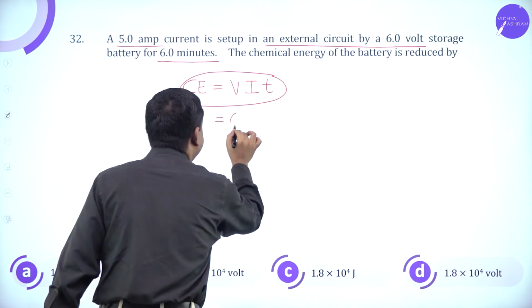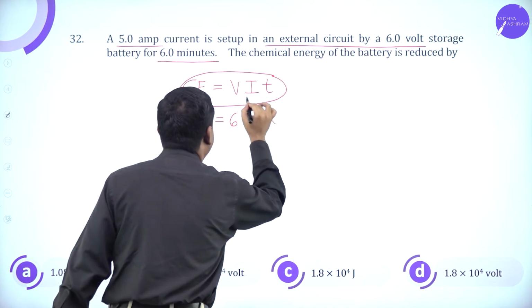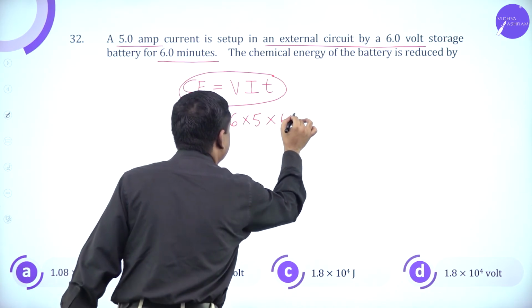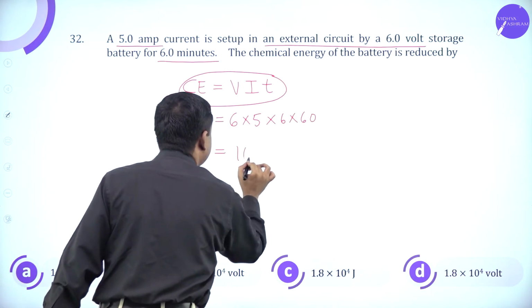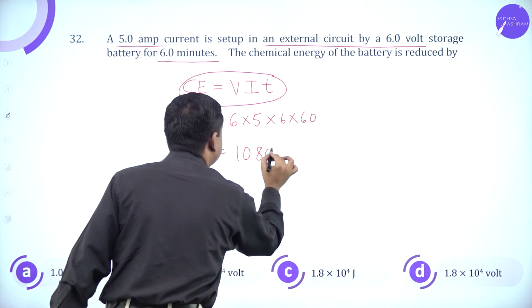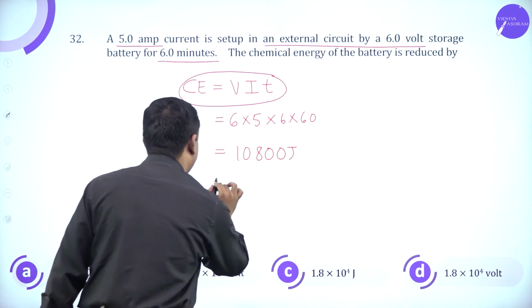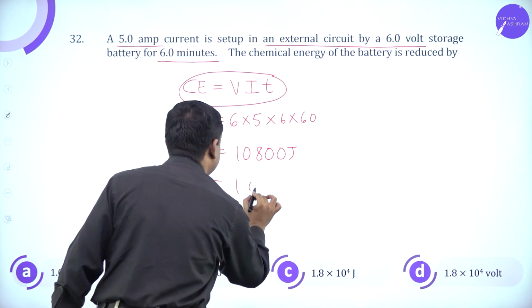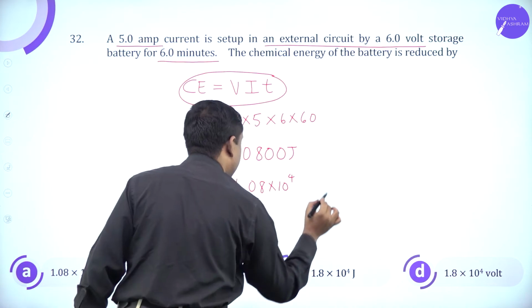So V is 6, I is 5, time interval is 6 minutes, converting into seconds, 10800 joules, which is nothing but 1.08 into 10 power 4.